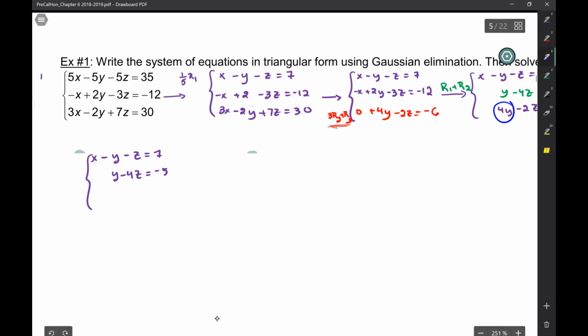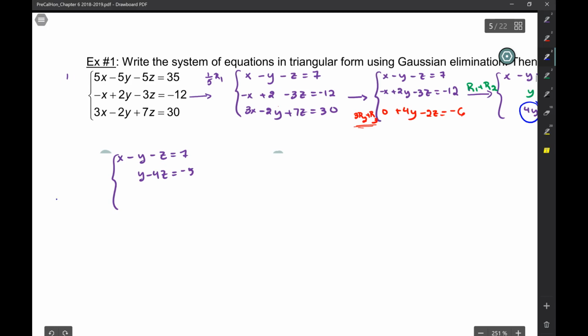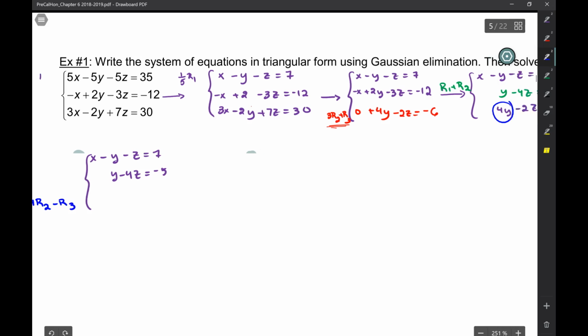So how am I going to do that? You could do two things. You could do negative 4 plus this, or you could do 4 times row 2 minus this. Which one do you guys want to do? 4 minus row 3. Okay, so here's what we're going to do. 4 row 2 minus row 3.